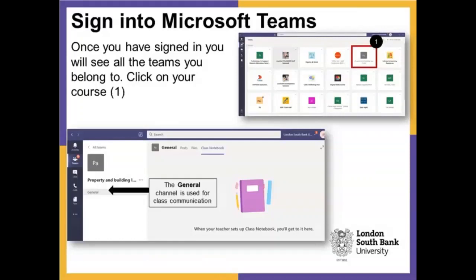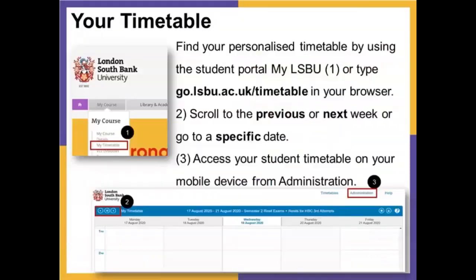So there's a personalized timetable, and you can access this either from your student portal, that's My LSBU, or you can type into your browser go.lsbu.ac.uk/timetable. You can also link your timetable to your mobile device as well, so that might be quite useful for you.